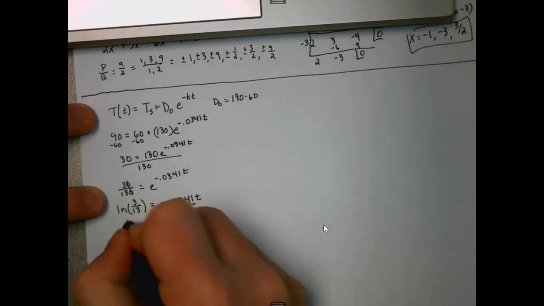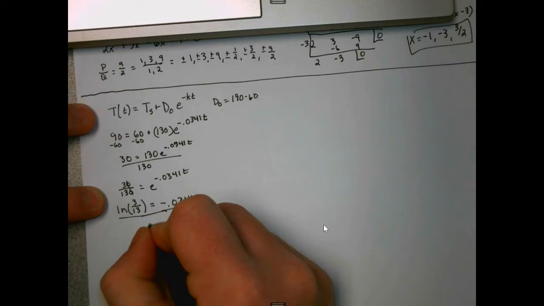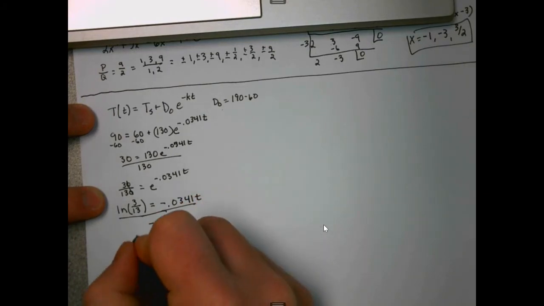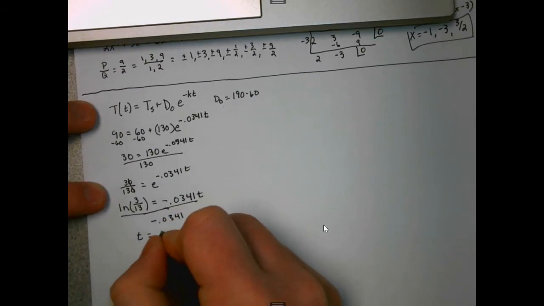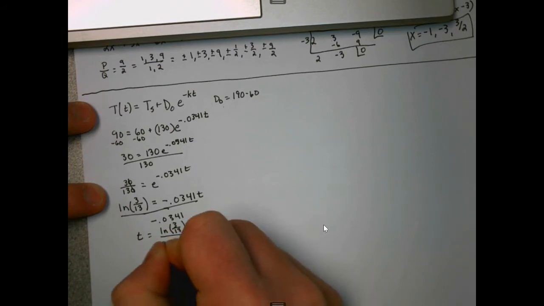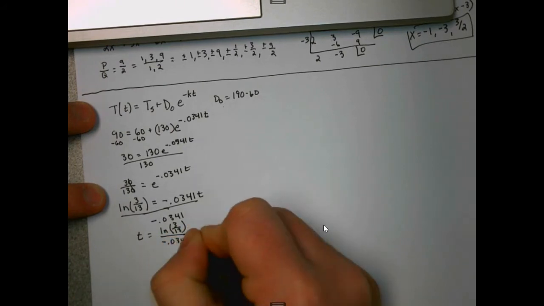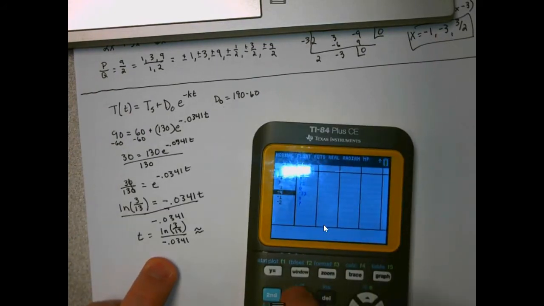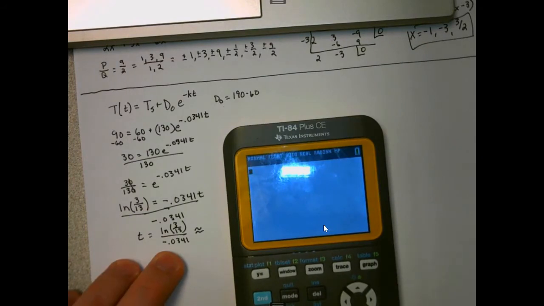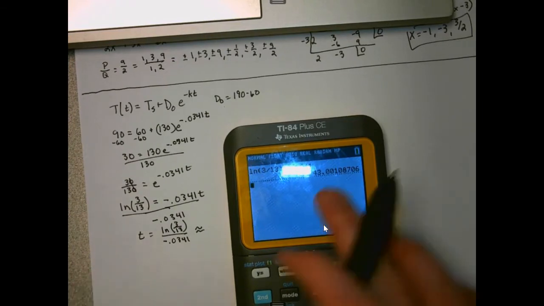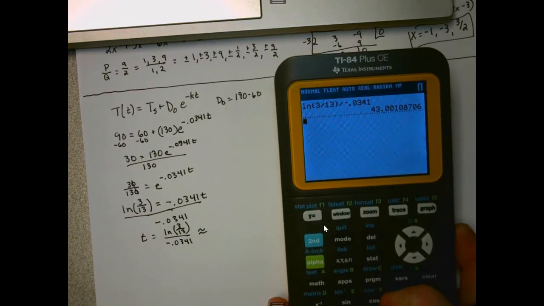And then we'll divide both sides by negative 0.0341. So t equals ln of 3 over 13 divided by negative 0.0341, which is about, if I put this in on the calculator, ln of 3 over 13 divided by negative 0.0341. So that rounds to 43 there.